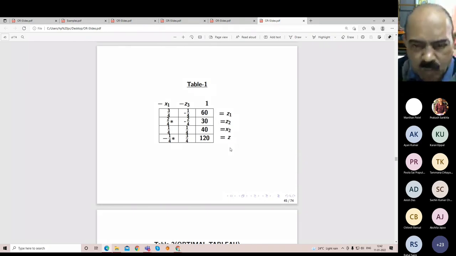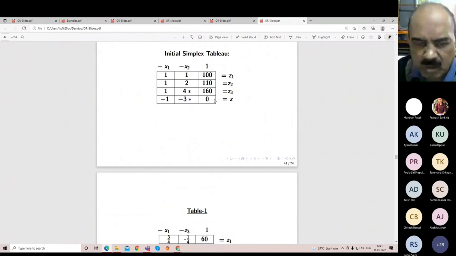Presently, the basic variables are Z1, Z2, X2. Non-basic variables are X1 and Z3. The value of the non-basic variables X1 equals 0, Z3 also equals 0. The value of the basic variables Z1 equals 60, Z2 equals 30, X2 equals 40. With respect to this, earlier the value of Z was 0.